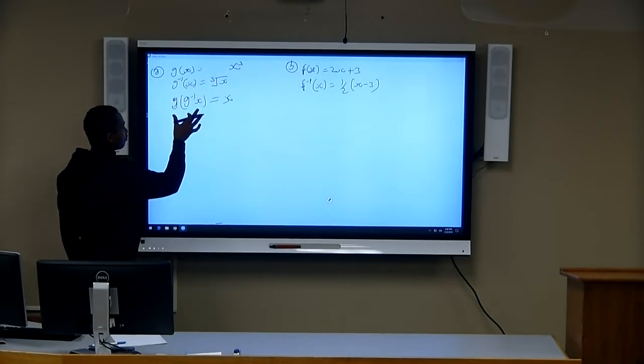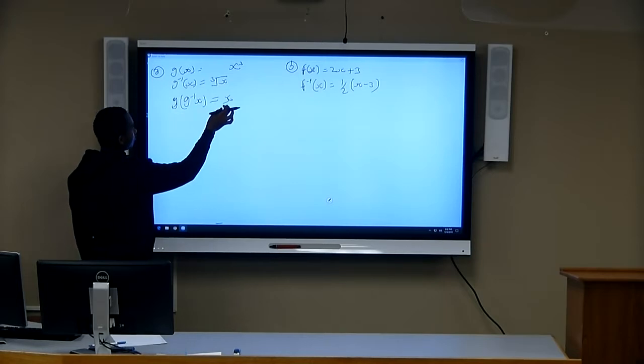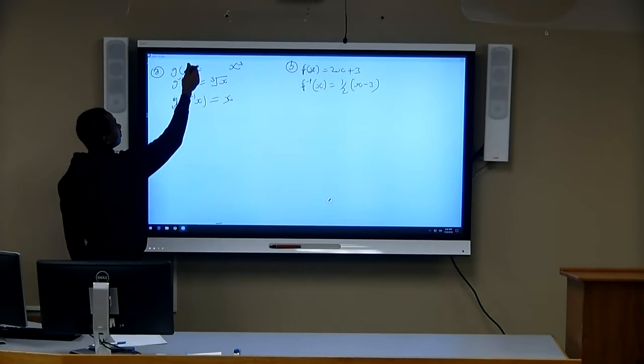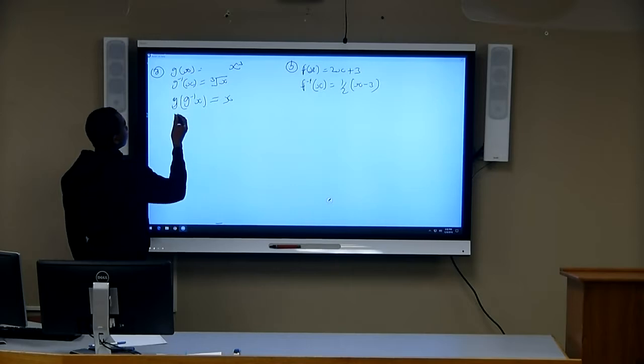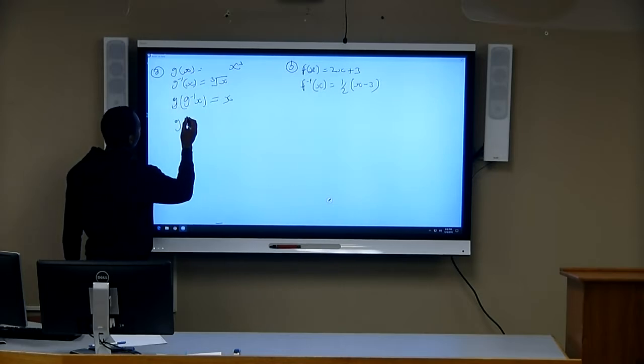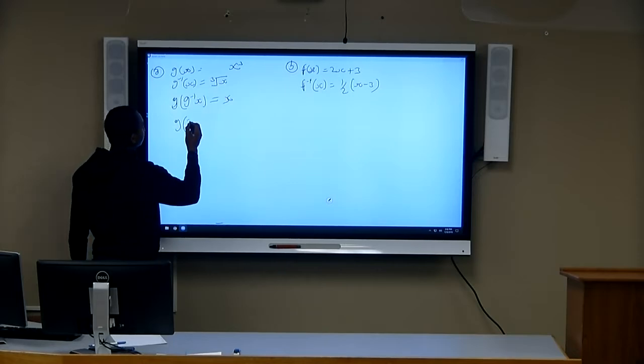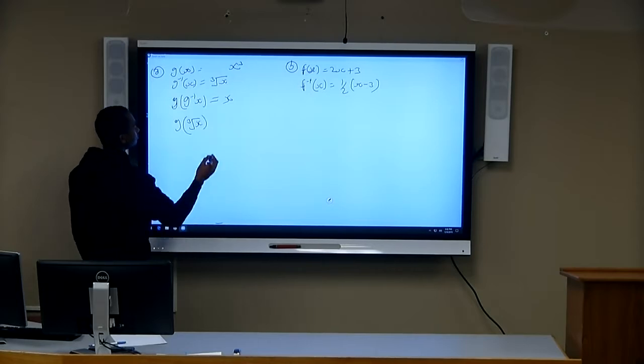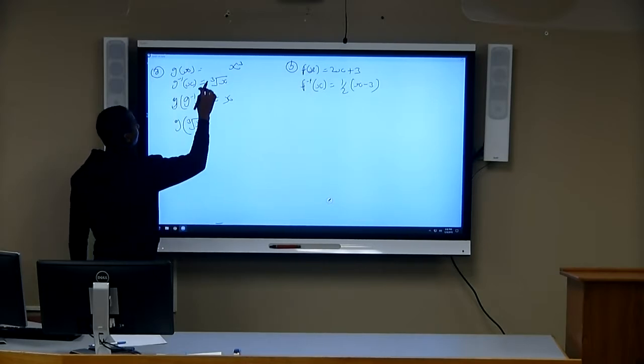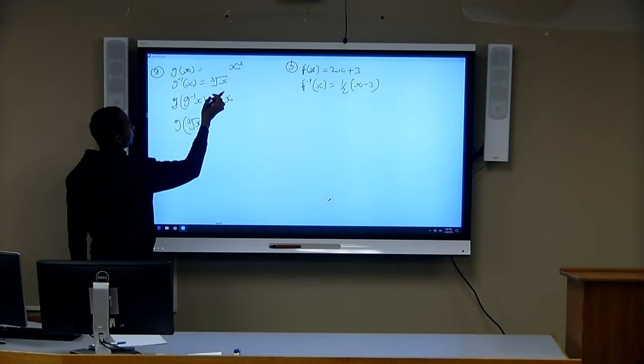So this thing should equal x for this to be the inverse of this function. Now g inverse of x is equal to the cube root of x. G inverse of x is the cube root of x.